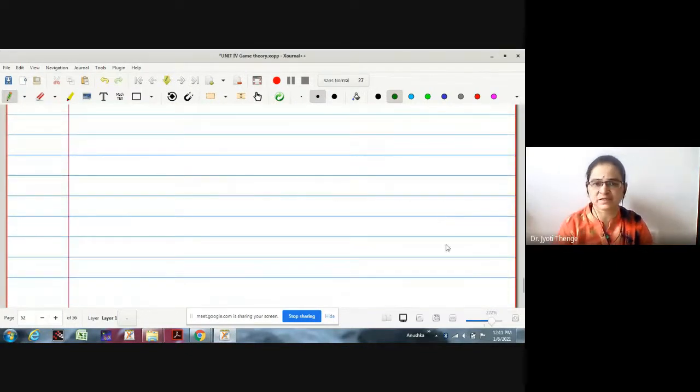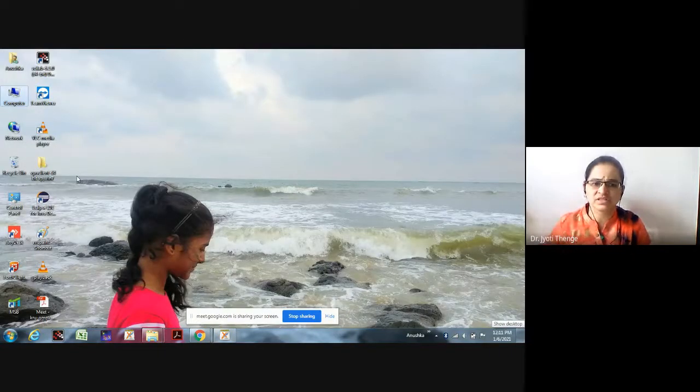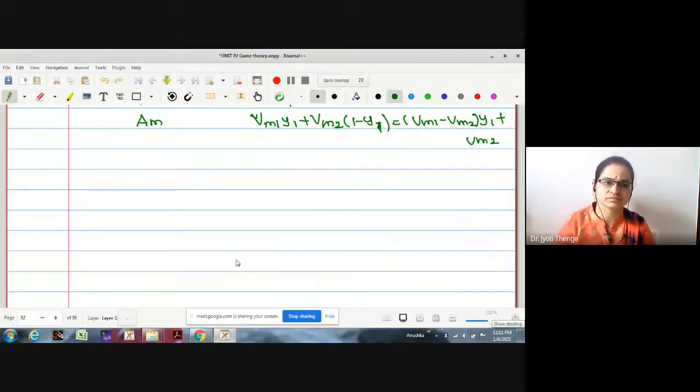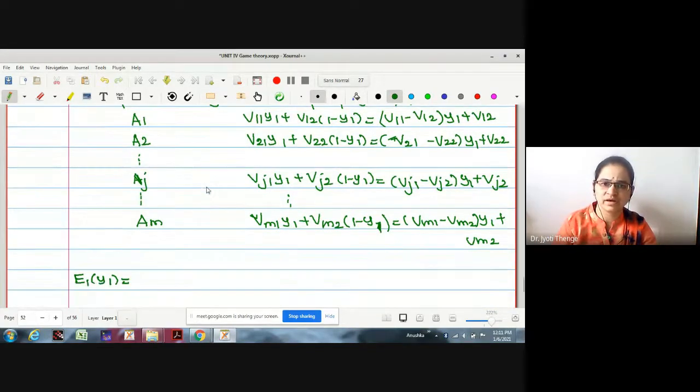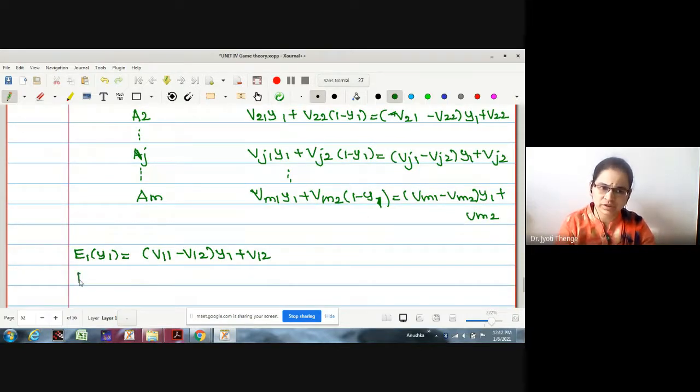Therefore, let me write the expectation lines. What is the first expectation line? Let me write the first one to be E1 Y1. This is V11 minus V12 Y1 plus V12. What is the second one? E2 Y1 is V21 minus V22 Y1 plus V22.